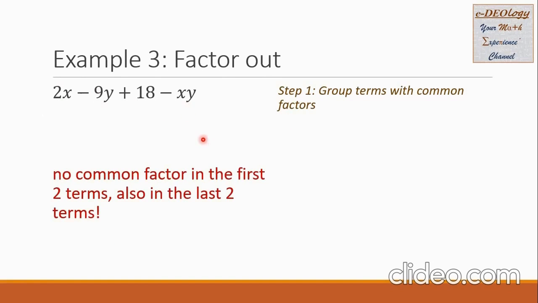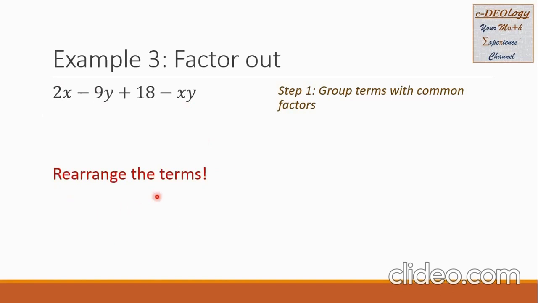So what I'm going to do is to rearrange the terms. I can put the 2x on the last part. So it's now negative 9y plus 18 minus xy plus 2x. And then from here, I can see now that there is a common factor in the first two terms.